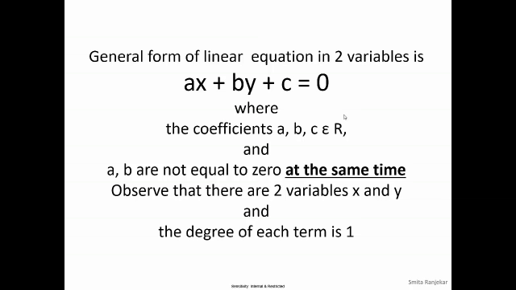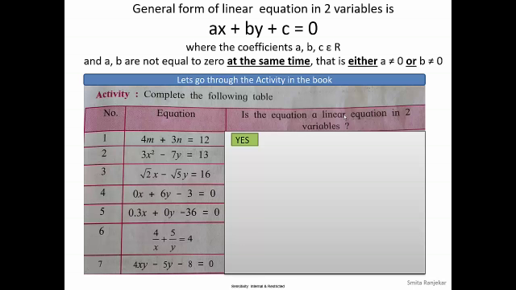Now we are going to solve the activity in your textbook from page number 1. So all of you open your textbook and complete this activity using pencil. See, here in the table equations are given and we have to write, is the equation a linear equation in two variables?